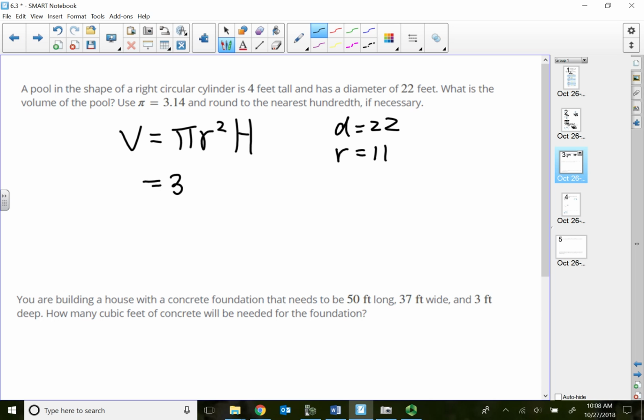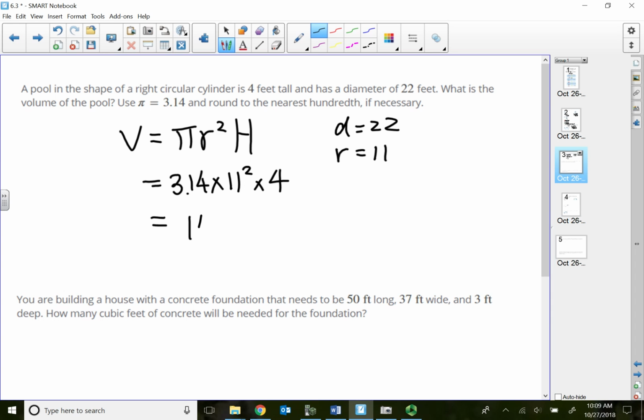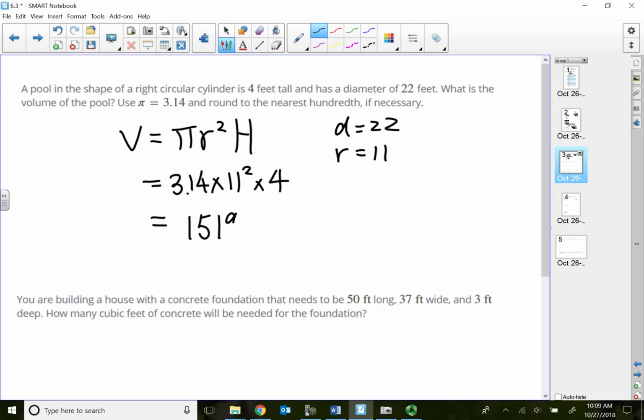So this pool: 3.14 times the radius 11 squared times the height of the pool, which is 4 feet tall. Let's see what the volume is: 3.14 times 11 to the second power times 4, which is 1519.76 cubic feet. That's how much space is inside the pool.